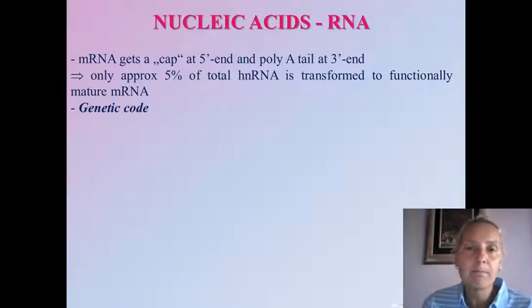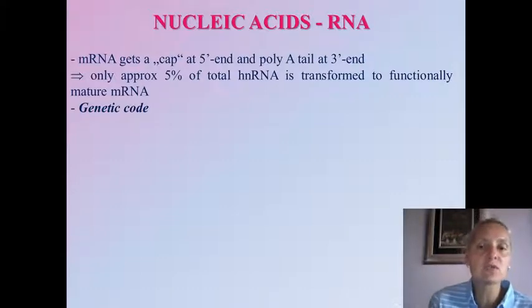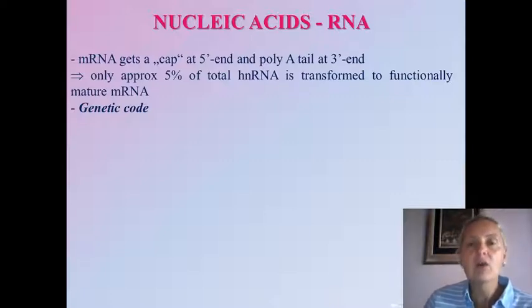So finally, only approximately 5% of the total heterogeneous nuclear RNA is transformed to functionally mature mRNA. And then mRNA actually consists of those triplets of bases, which are marked as codons, and they are carrying the information on the amino acids to be incorporated in a future protein.